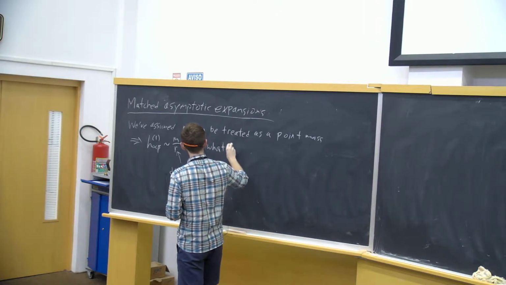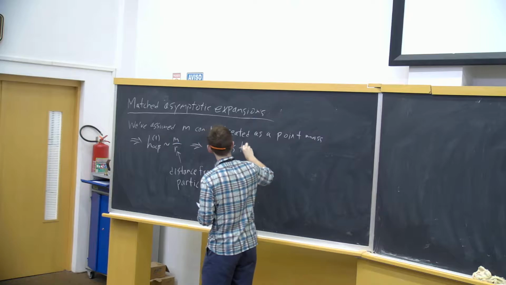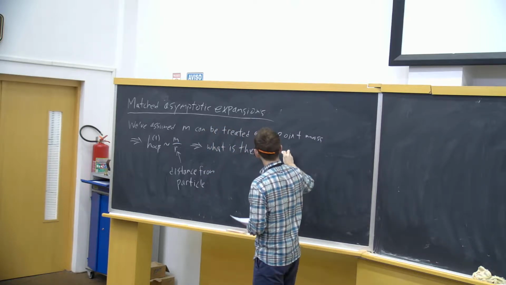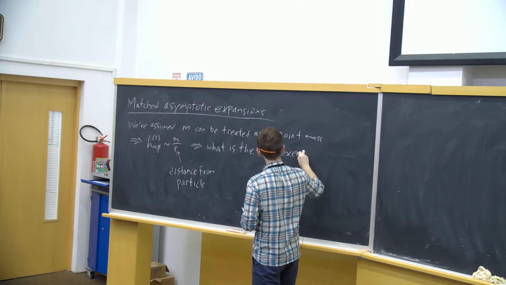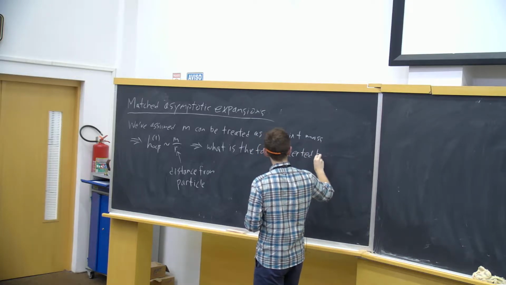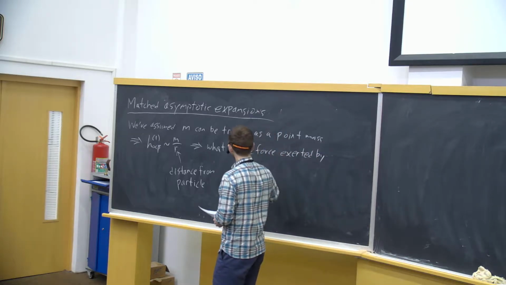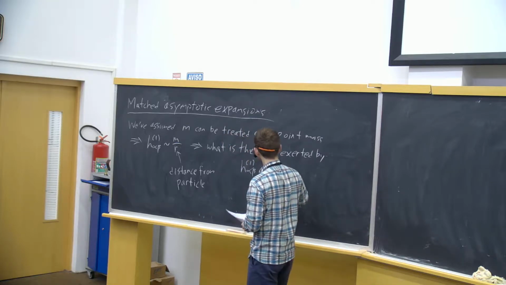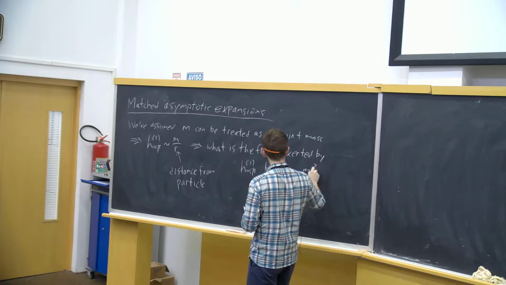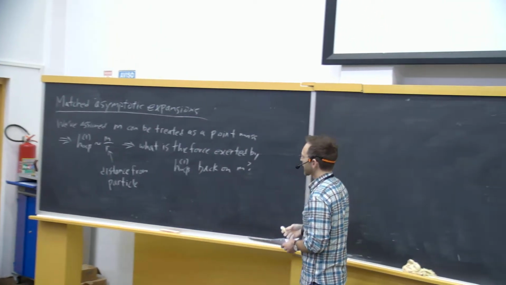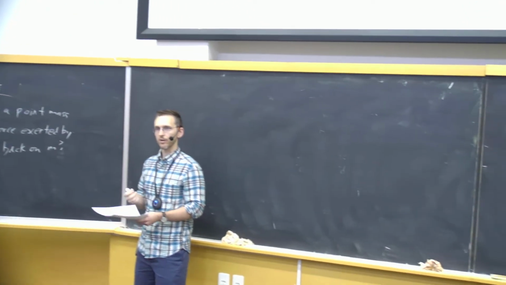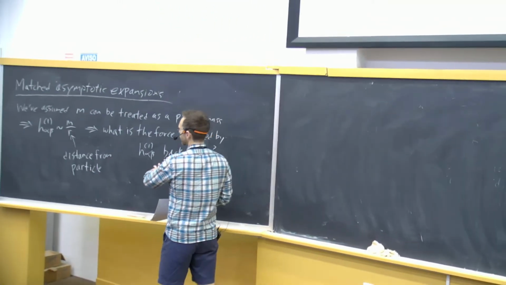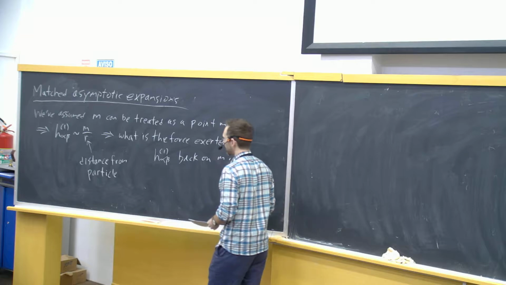So then the question is, what is the force exerted by H1 back on the mass? Because the field diverges at the particle's position, you'll have to extract some regular piece of that divergent quantity.